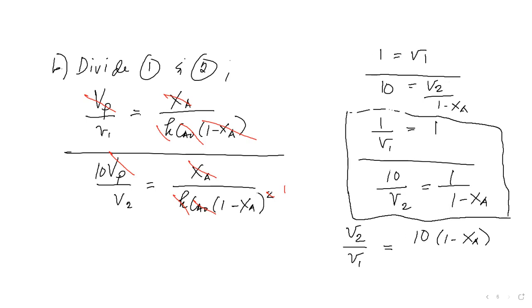So let me erase. Your 1 over XA goes up here with the V1, and 1 over 10.